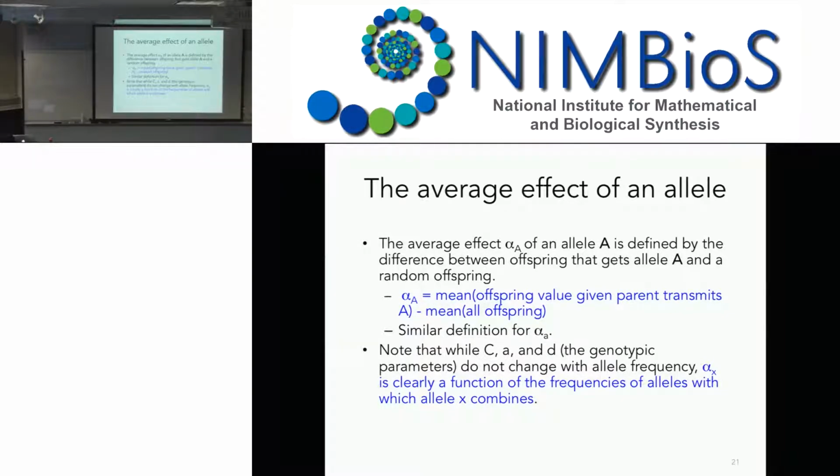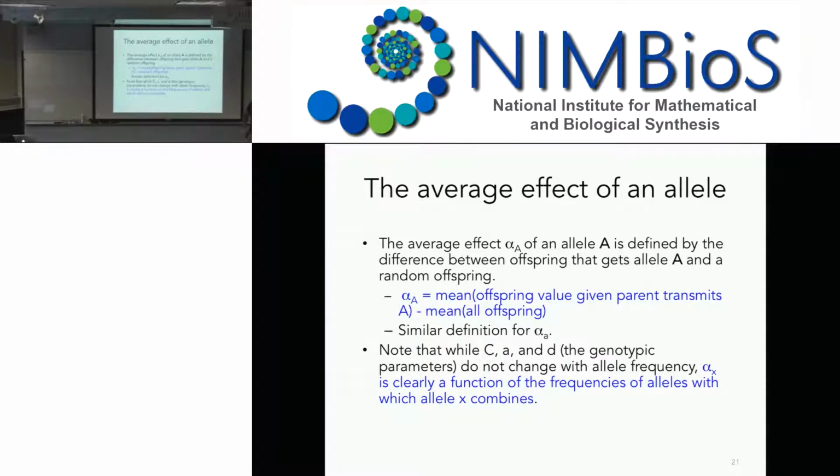Right away, it tells you a couple things. Number one, the average effect of an allele isn't just a feature of the allele itself, it depends upon the population. Because if I have a population and everyone here is the competing Coca-Cola allele, then the average value of this is going to be quite different from a population where this allele isn't there.